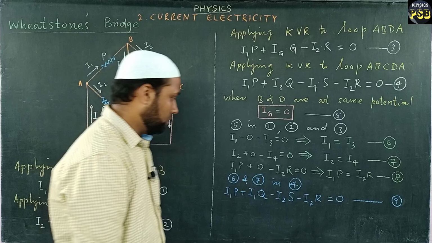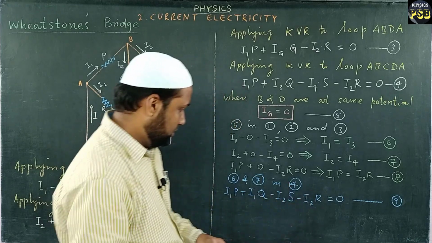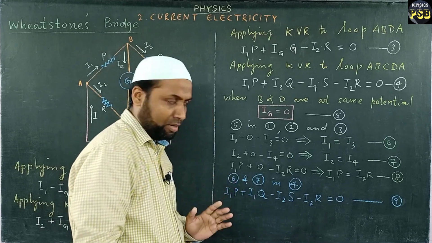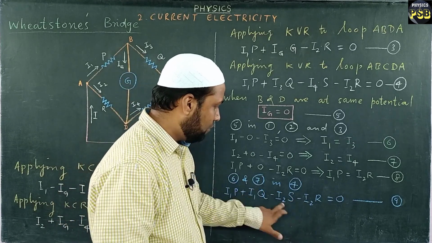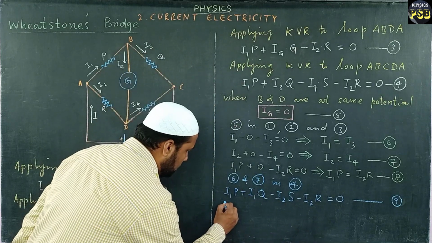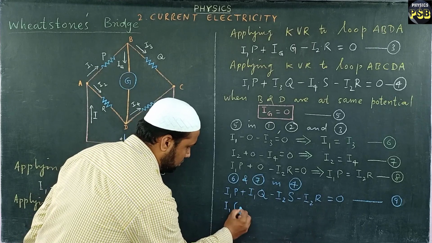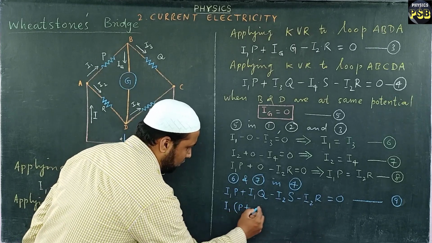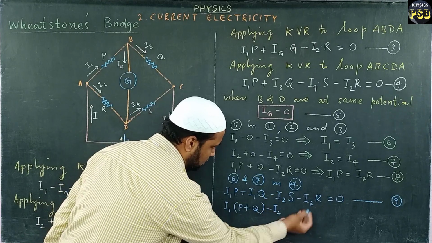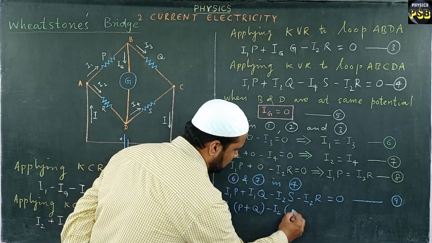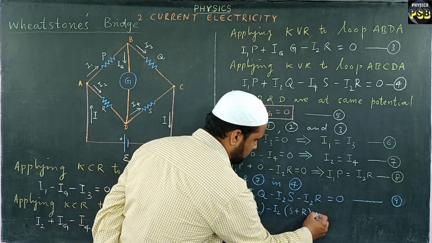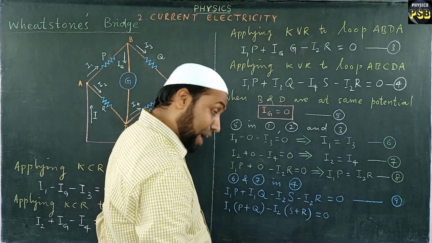Now, if you look at this, you will find that these two terms have I1 common, and these two have I2 common. Now I take the common terms outside. I get I1 into P plus Q. Then minus I2 is taken out. Then what I get? S plus R within brackets equals 0.